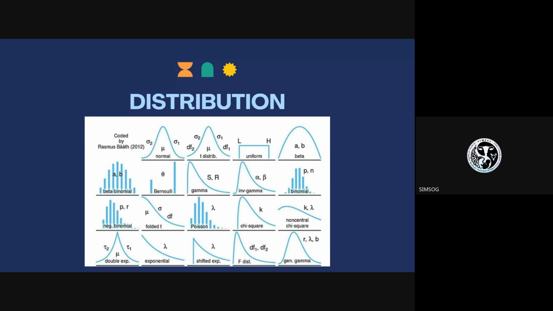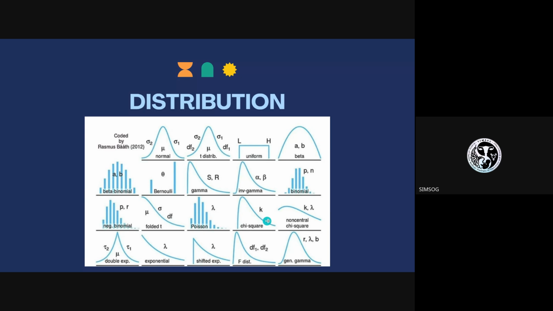Okay, so in your PSM or community medicine or family medicine classes, you might have heard something called normal distribution. Or in your ninth or 10th grades, maybe you might have heard about something called binomial distribution.